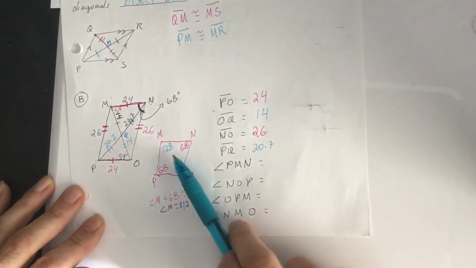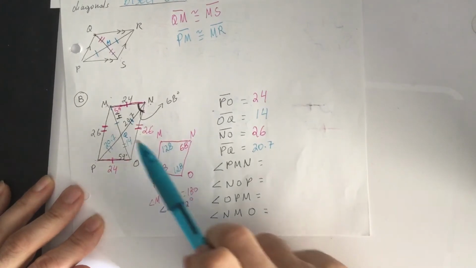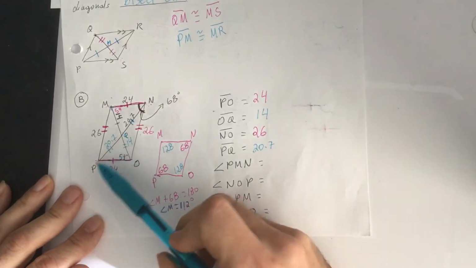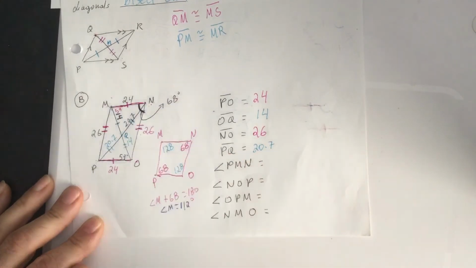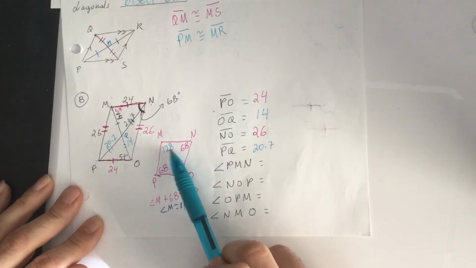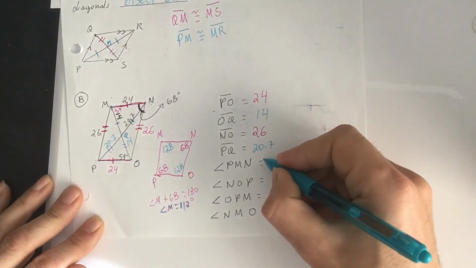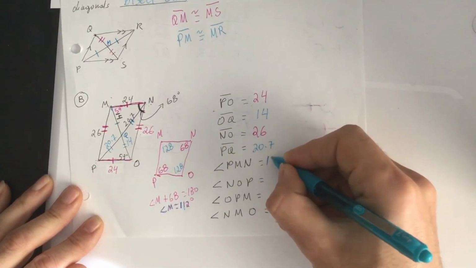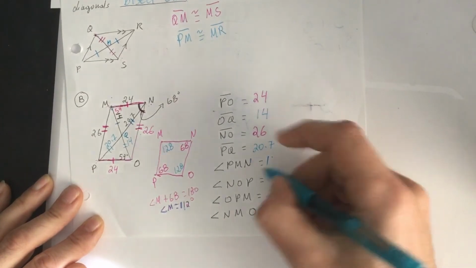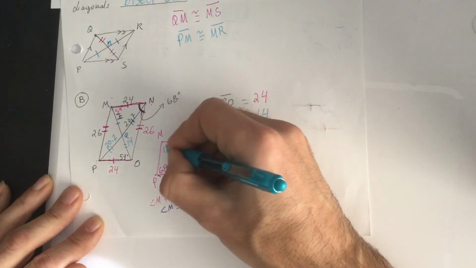This is the same thing as that one, so it doesn't have the diagonals. Now, let's take a look at PMN, angle PMN, right? PMN, oh, that's 112 degrees. So I wrote it down.